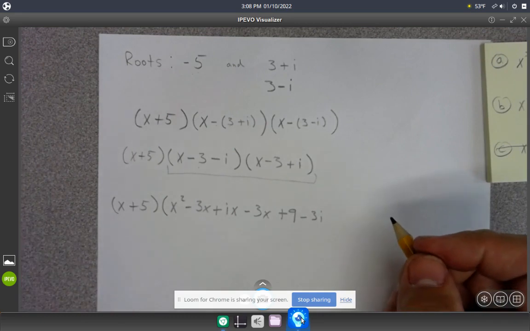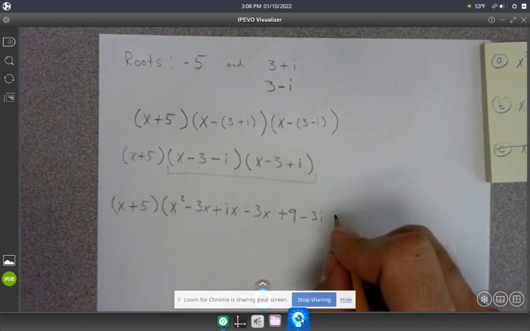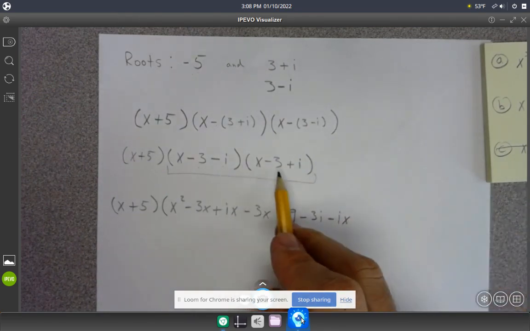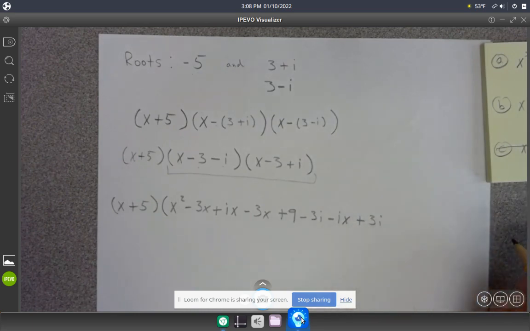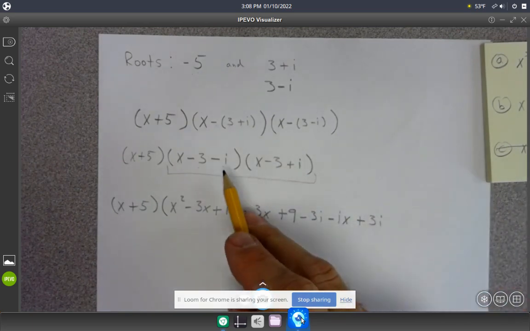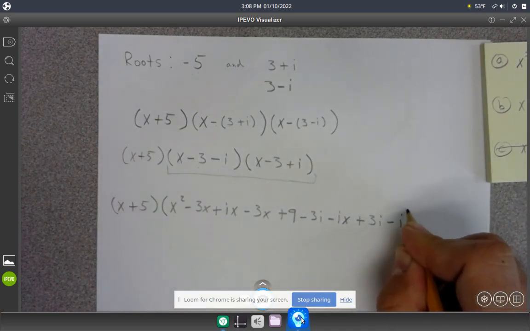All right, and then I'm going to do this negative i times the rest of them. That's going to be negative ix. Negative i times negative 3 will be positive 3i. And then negative i times i will be negative i to the second power.